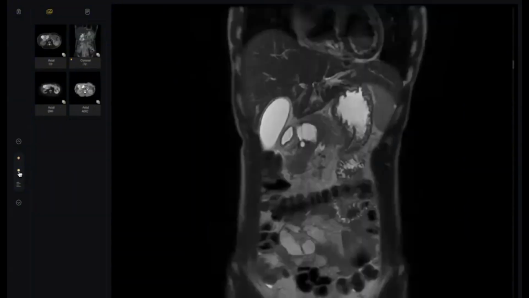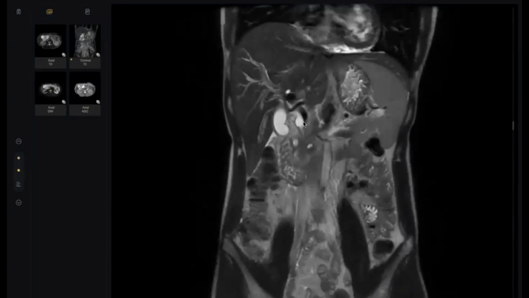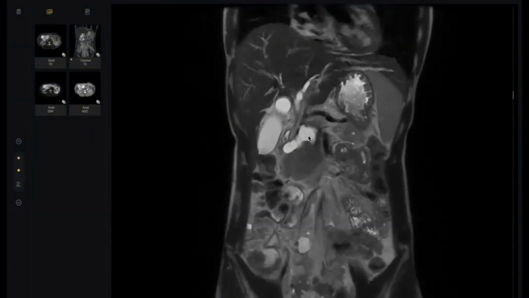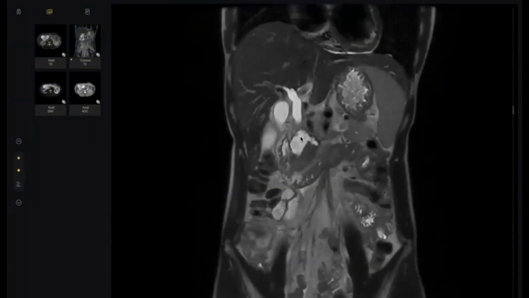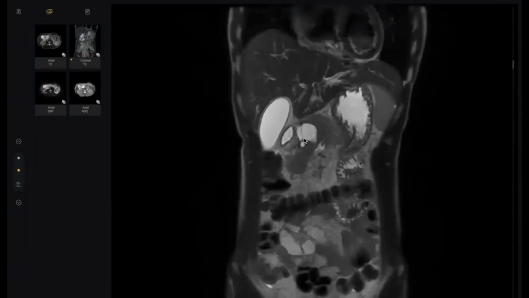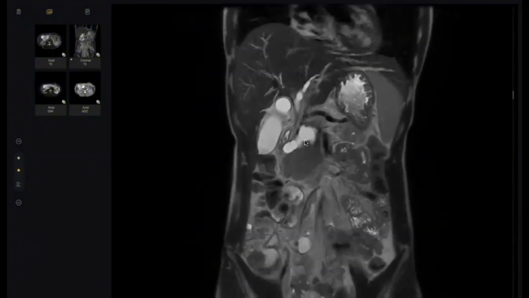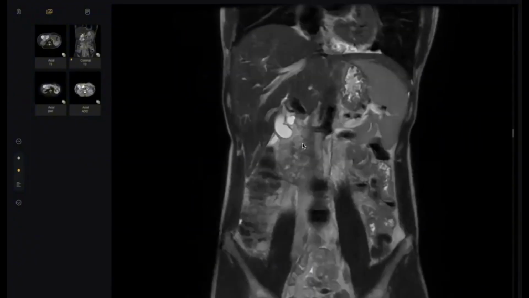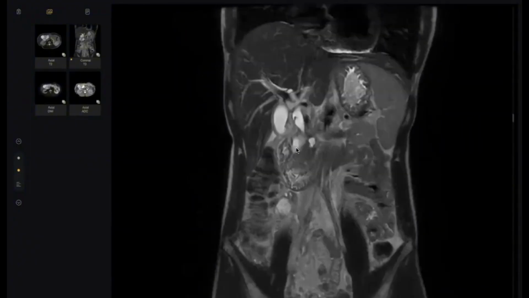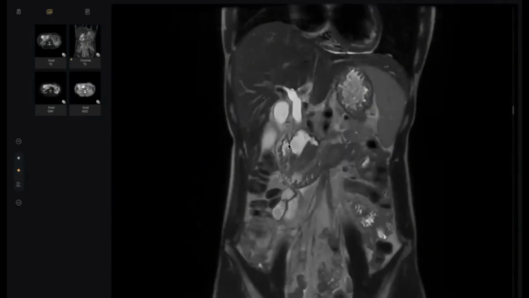Sir, I lost the screen. This is the common bile duct, and it is unremarkable. And that cystic structure is connected to the pancreatic duct and opening into the duodenum here, sir, the second part of the duodenum.